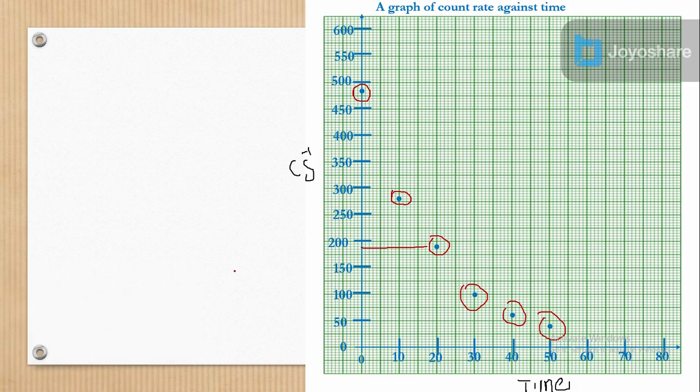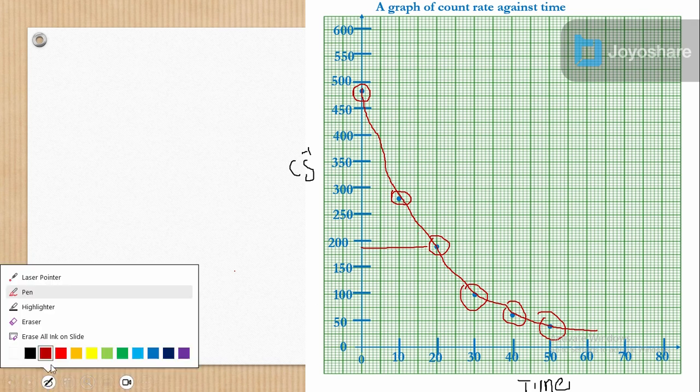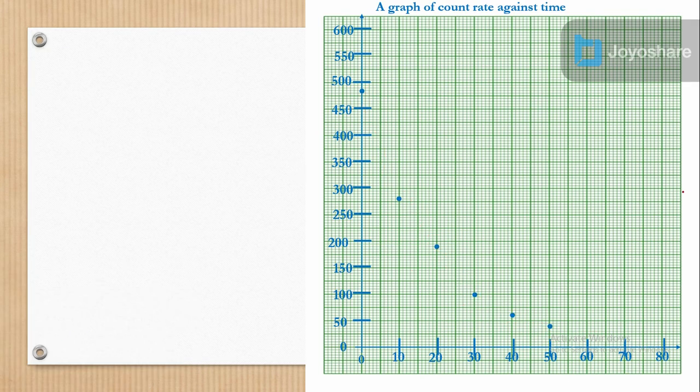Now our line should move like this, going through these points. That's how our line must appear.